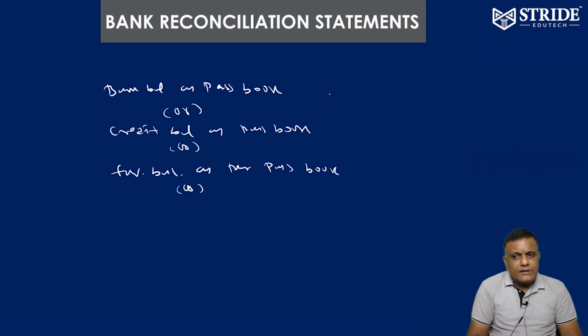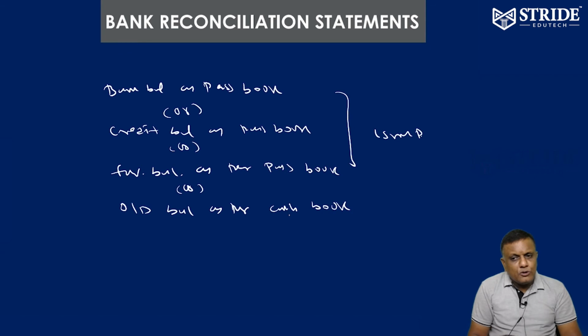These three are one group, all are the same. Or overdraft balance as per cash book. What do you mean by this? In the cash book we have more payments than receipts, therefore we call it OD balance as per cash book, okay, right. This is the starting point.